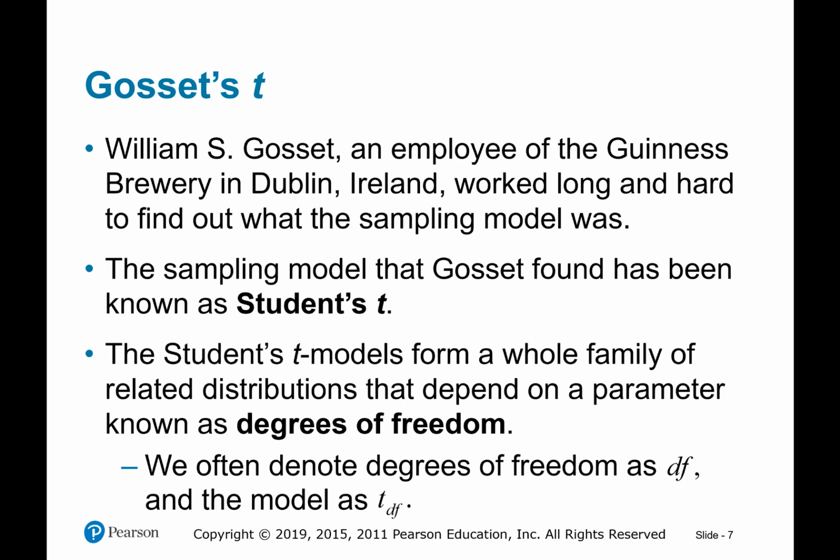So Gossett decided to publish his information under an anonymous name. He knew if the Guinness people found out he was using his time at work and developed this, and now he's publishing it and making money off of when he was working on their clock, they would fire him. So it was published under a paper written by a student. How's that for generic? So this model became known as Student's T.